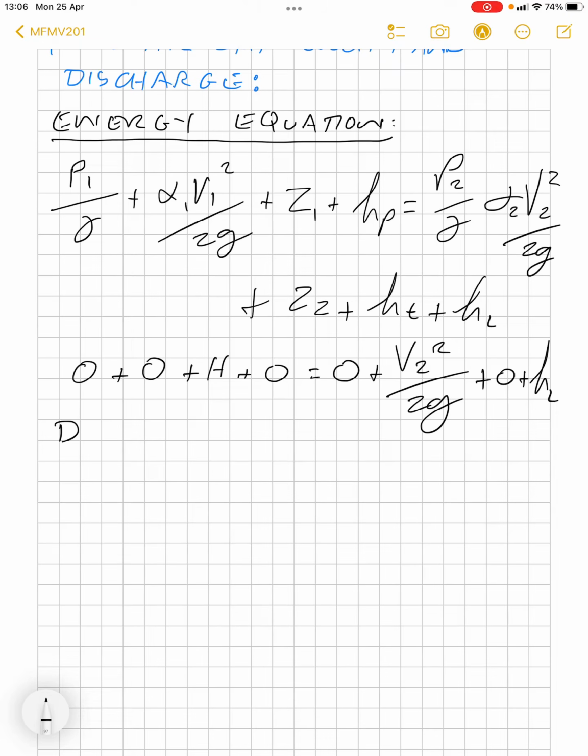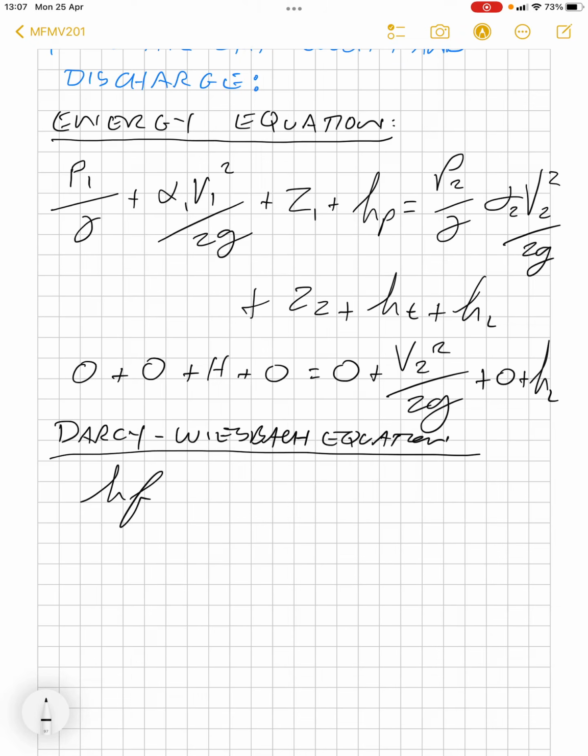So the next thing we need to look at is the friction loss in the pipeline. So the Darcy-Weisbach equation, that's expressed as hf equals f L V squared over 2 g D. We can now combine these equations.